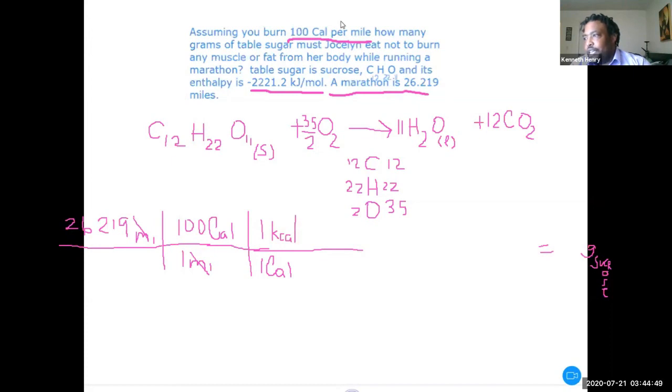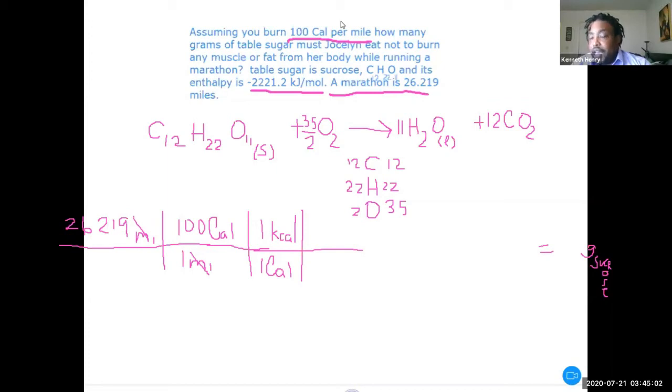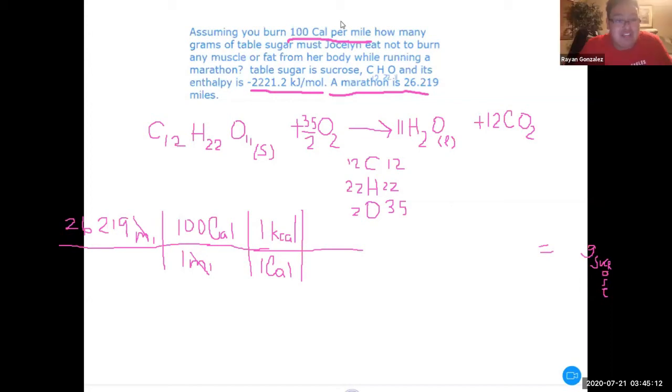Okay, so then that gives me kilocalories. Correct. Wait, why is there only 1 cal on the bottom? Because 1 capital C calorie is equal to 1 kilocalorie. Oh, I didn't even know that was different. So could we multiply this straight across and get the kilocalories?